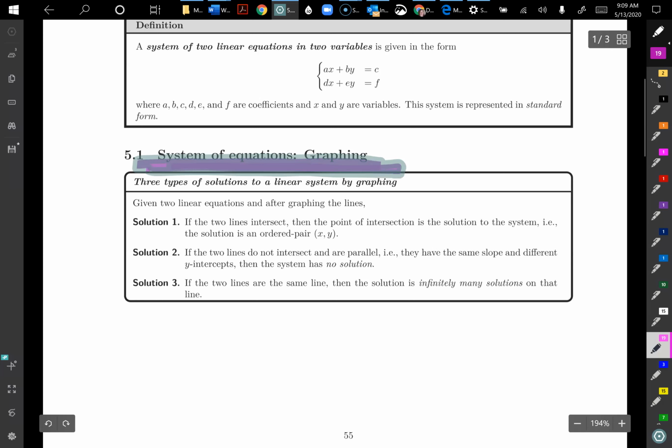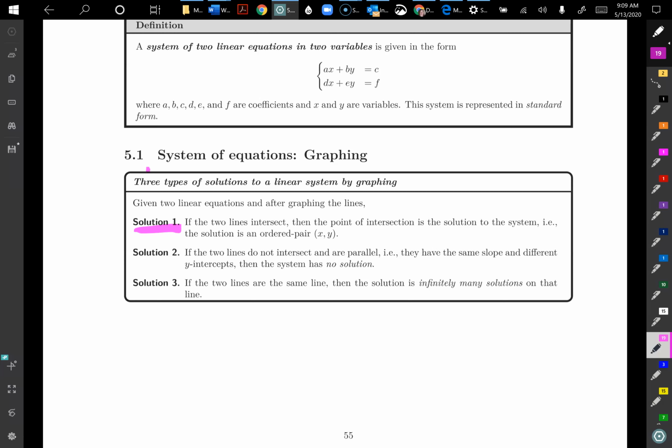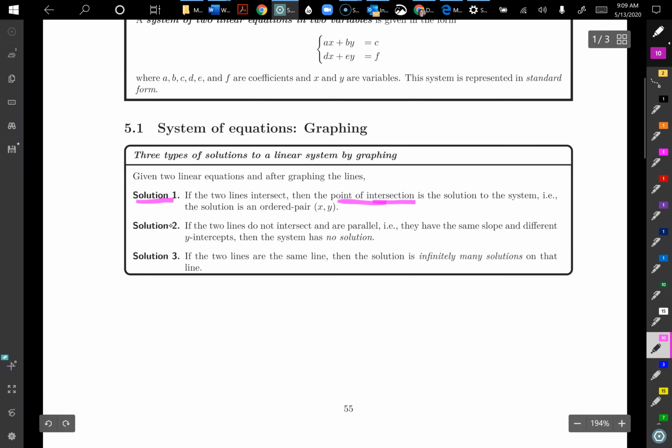Then we are going to draw the other line and connect the dots, and make sure we label those lines. Now, if they intersect, that point is the solution, just like I showed you in the intro video. So we'll have an XY value that works.